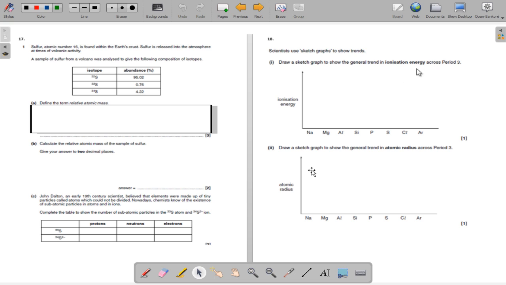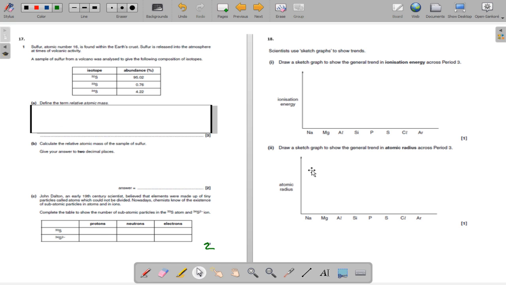And there's a sketch graph to show the trends between ionization energy across period 3 and atomic radii across period 3 as well. It's just 2 marks. I'll give you about 10 minutes in order to answer the questions, so come back when you have done the questions.